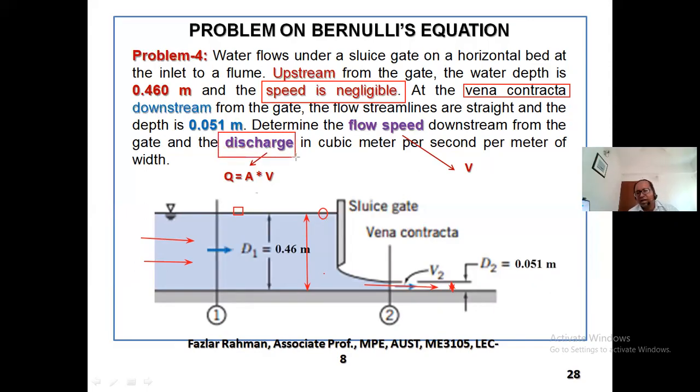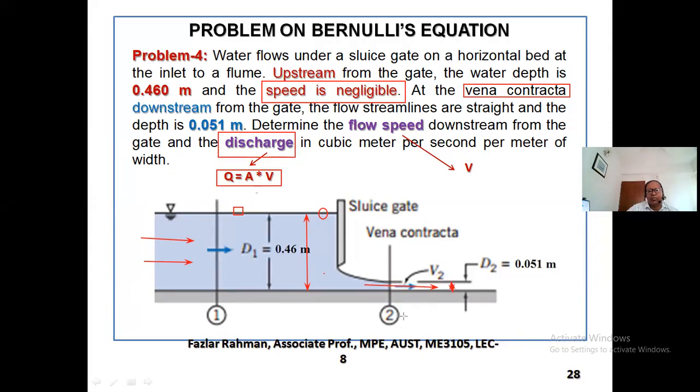Or they can just say, figure out the discharge. Discharge means how much water is flowing per unit time. That Q will be in meter cube per second. So if you know the velocity and you multiply by the area, you can easily figure out the Q. Okay.